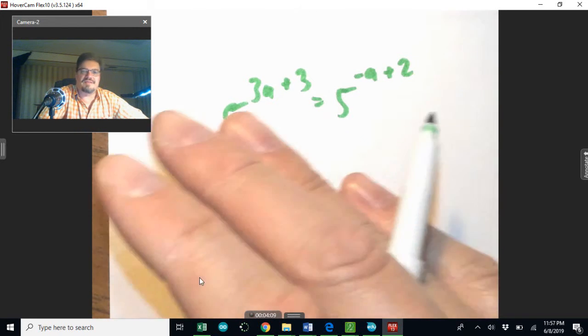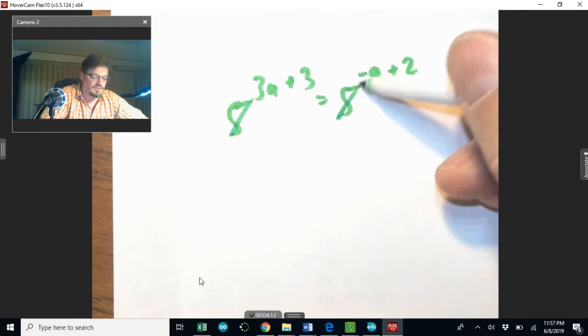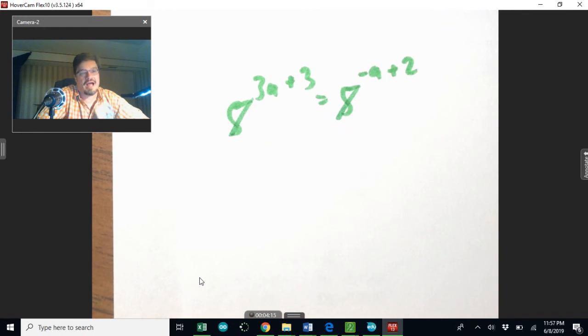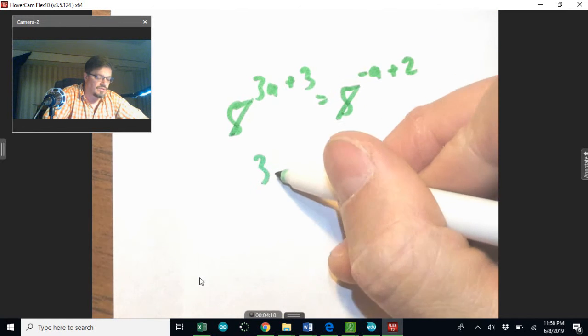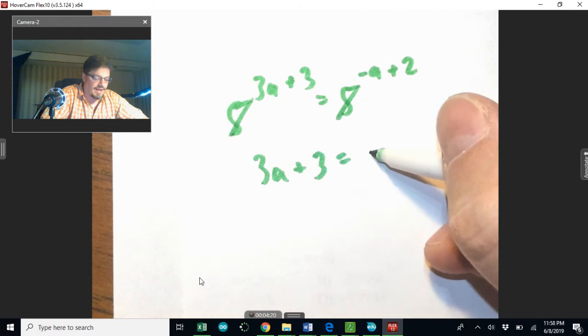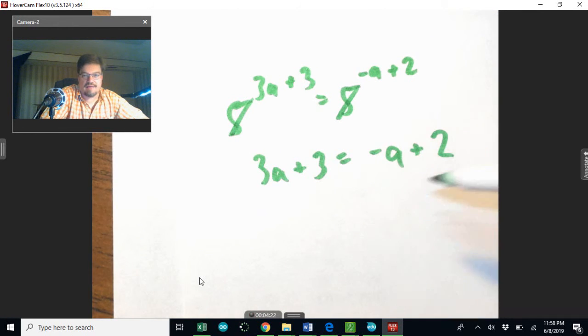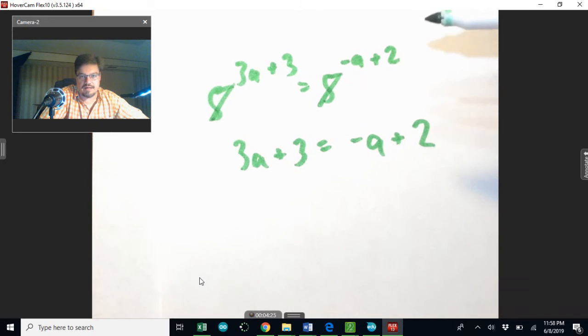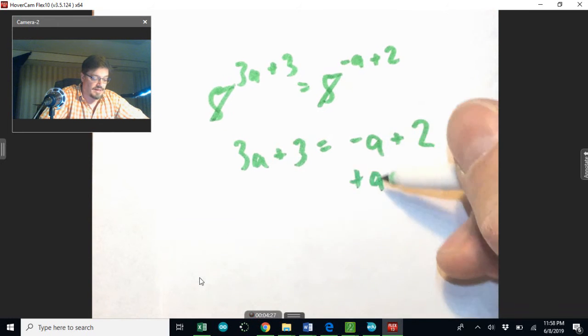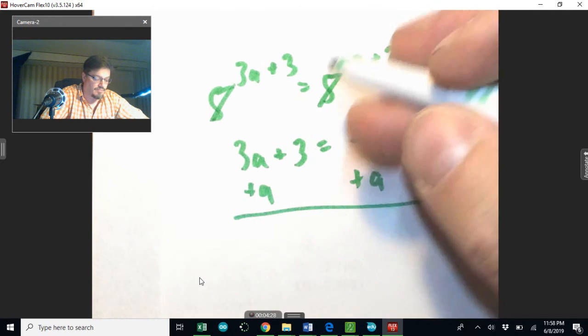But because they have similar bases and they completely match up, you can literally just cross off the 5s. It's kind of irrelevant that they're being raised to a power, because you just want this exponent to match this exponent. They have to be equal, or else there wouldn't be an equal sign. And now we're just back to basic algebra. Pre-algebra.